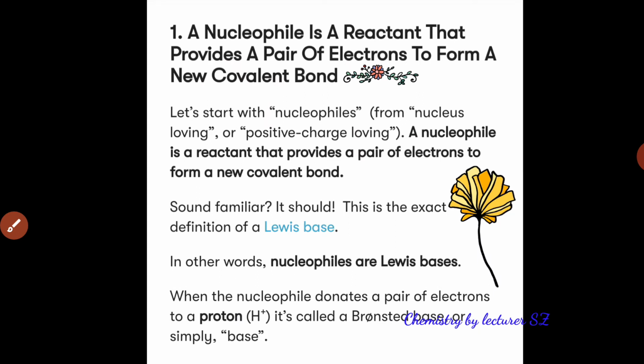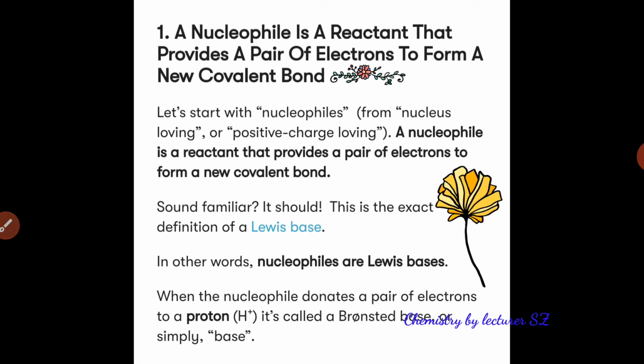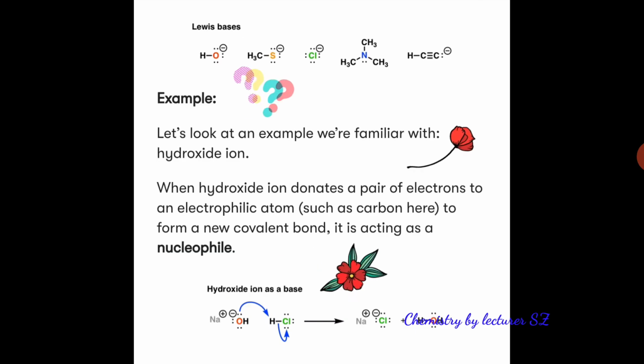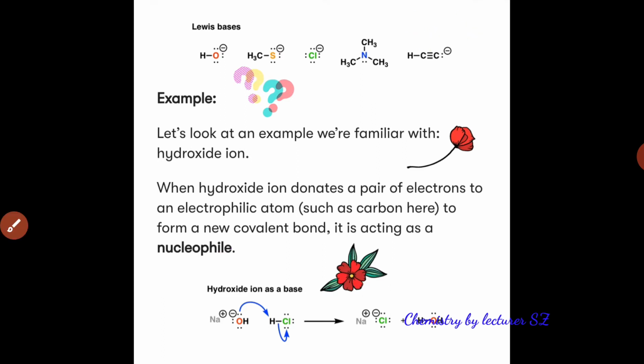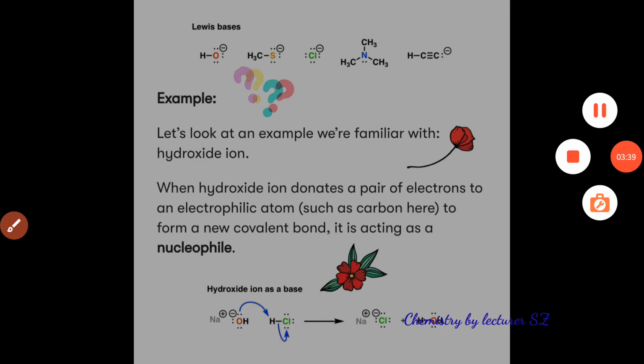This was all about the nucleophile, where I told you that they are electron pair donors, positive charge loving, nucleus loving, and they are Lewis bases. I also explained an example and gave examples of other Lewis bases.